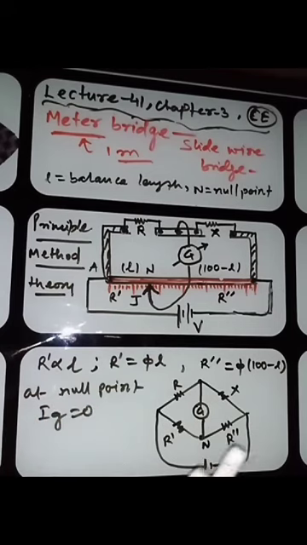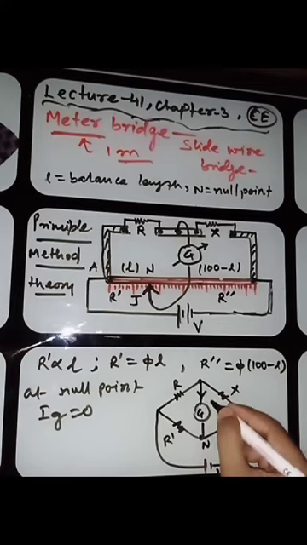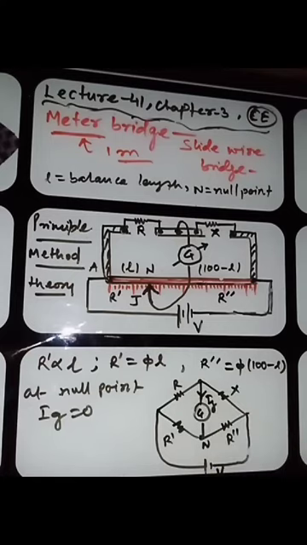I hope you understand. Now, my dear students, as the current will be 0, what will happen? If the galvanometer gives 0 current, Ig is 0, then what will happen? R by X is equal to R dash by R double dash.